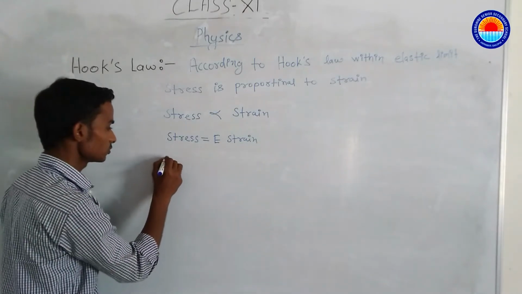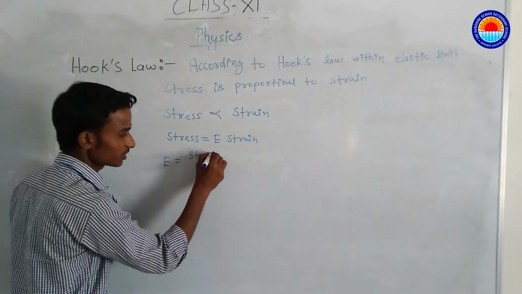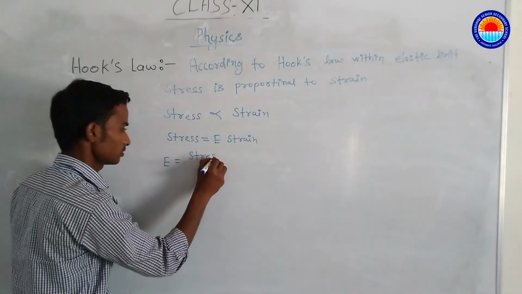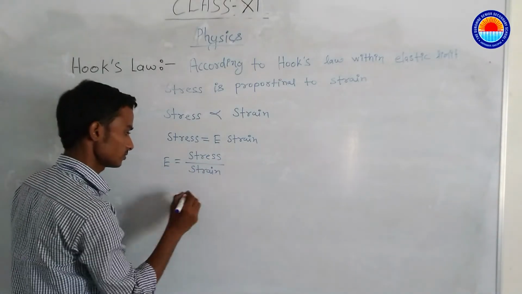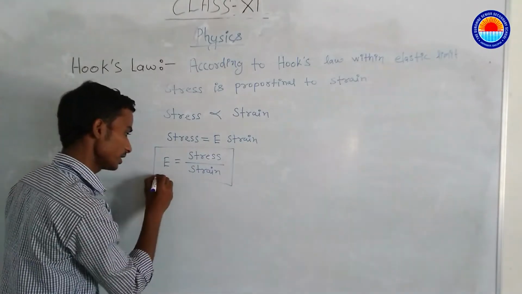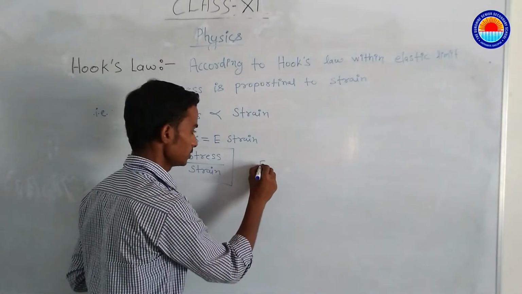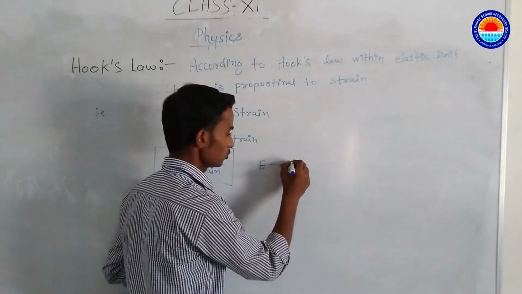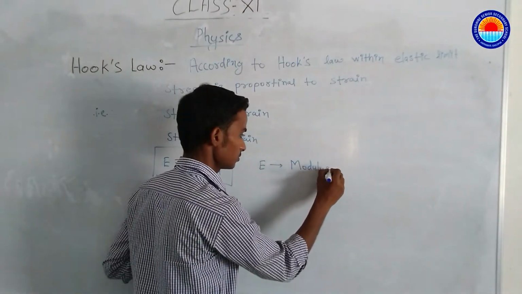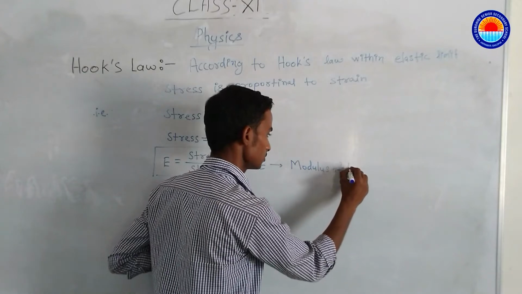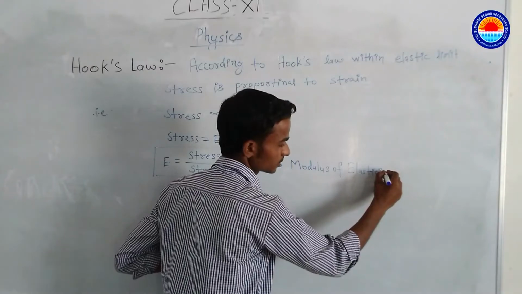So E equals stress divided by strain. And E is a characteristic of the material. E is known as the modulus of elasticity.